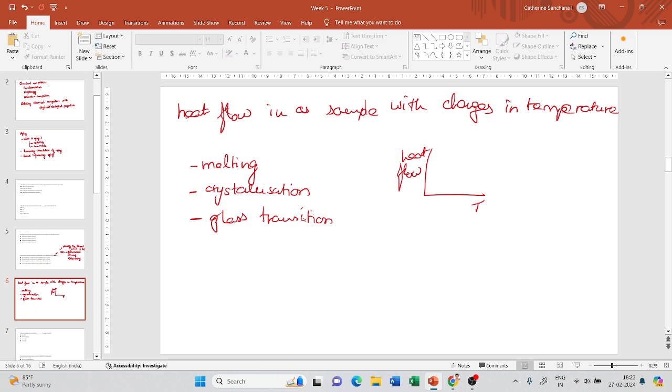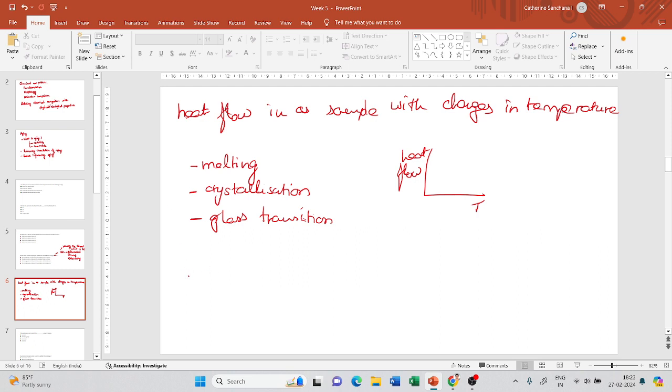There are a few other thermal events also, but for now we'll just stick to these three. Now this DSC is used to capture the molecular arrangement in bitumen. So what is the terminology to understand the molecular arrangement of any material?